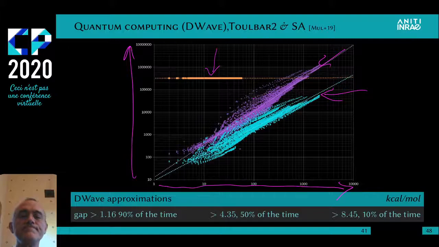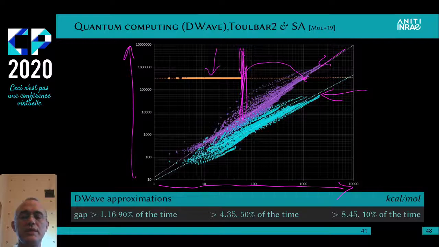And we can see that Toolbar 2 is still quite efficient compared to D-Wave. Roughly, D-Wave will probably need 20 times more qubits, because this is the maximum size that D-Wave can encode.